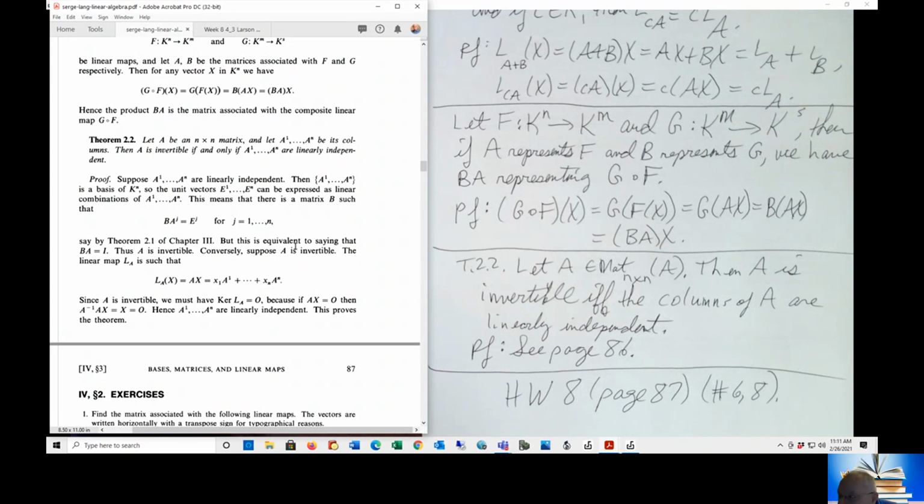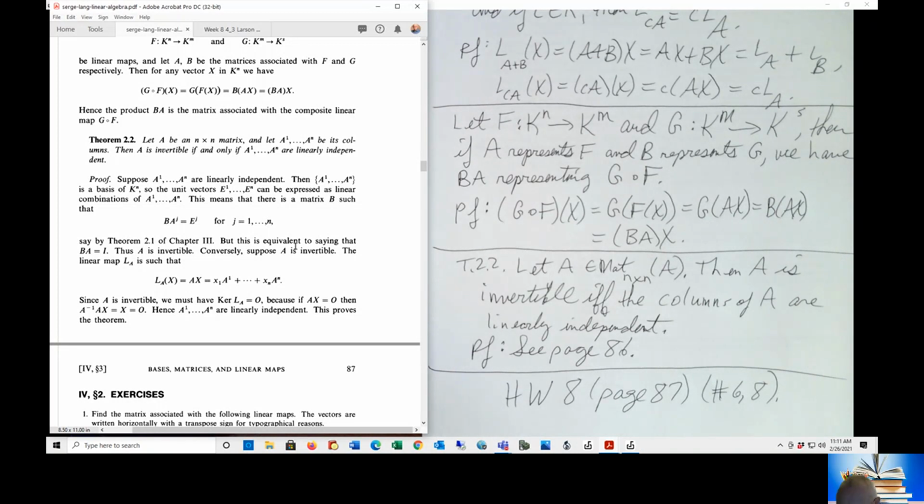And you already knew that from entry-level linear algebra. And what's the other thing we know? If the columns are linearly independent, then the trivial solution is the only solution to the homogeneous linear system AX equals the zero vector. Now, I didn't write out the proof. It's on page 86. You can look at it.